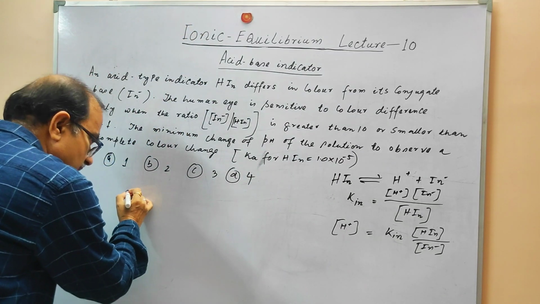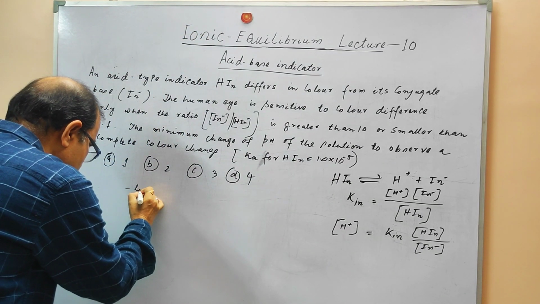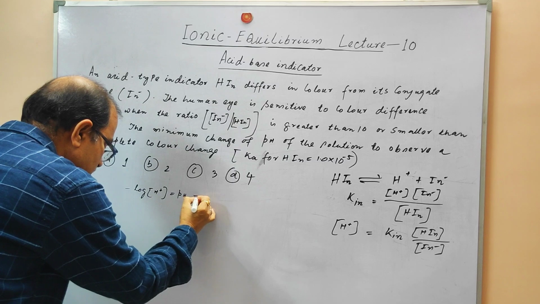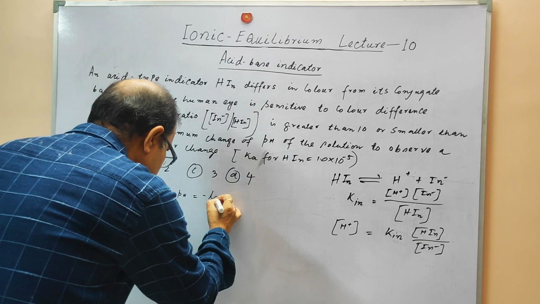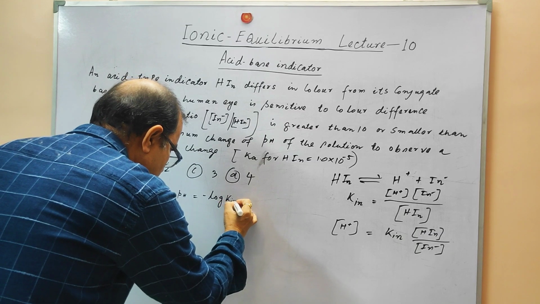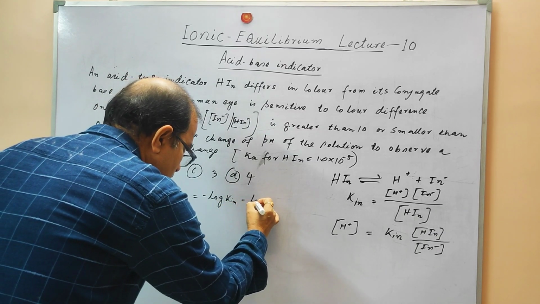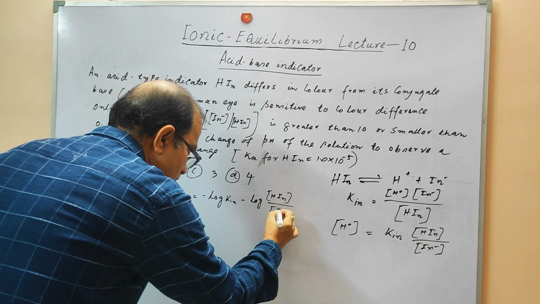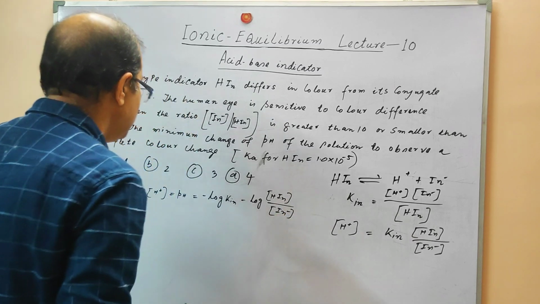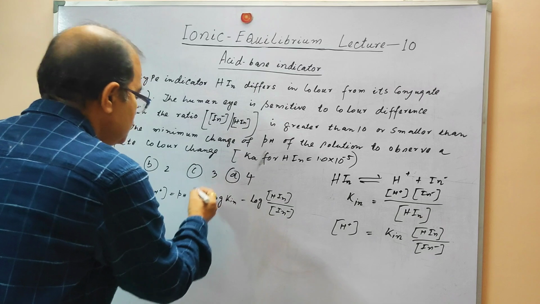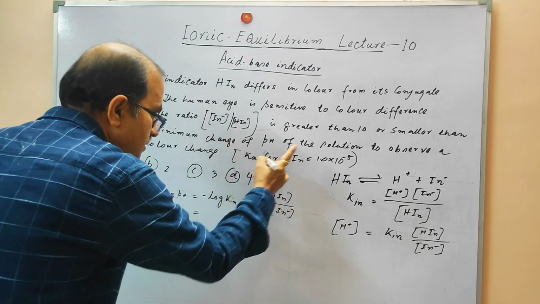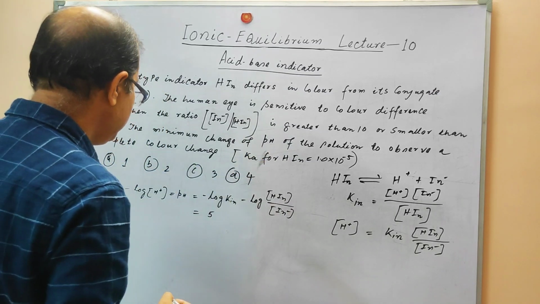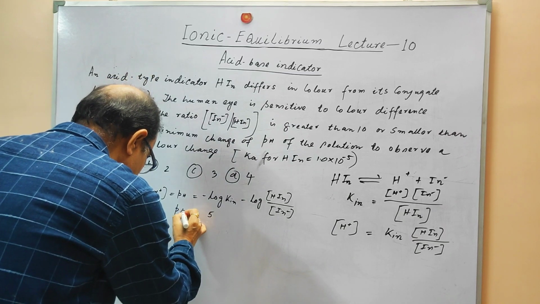We can write minus log of H plus ion as the pH, so pH equals minus log of K indicator. When we put the value in, it comes to around 5, and this is the pH value.